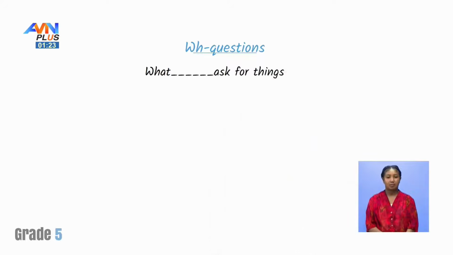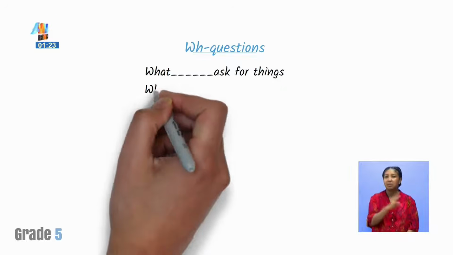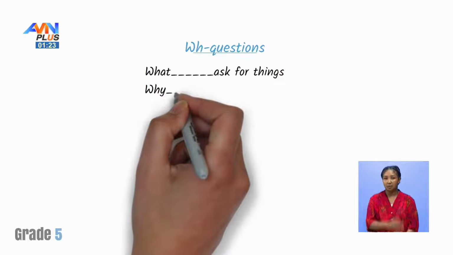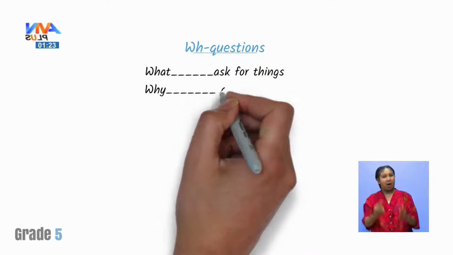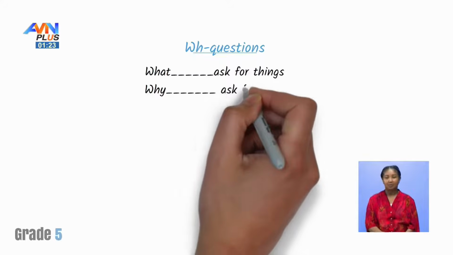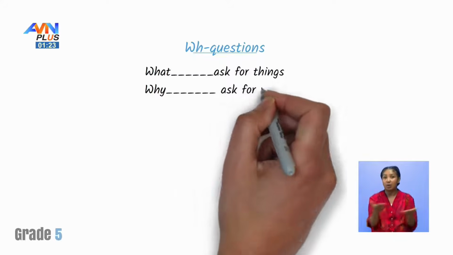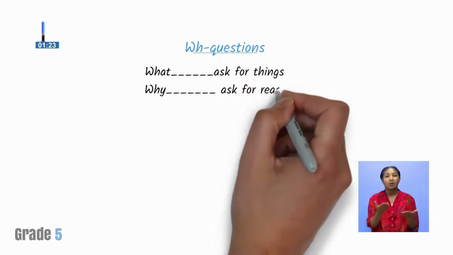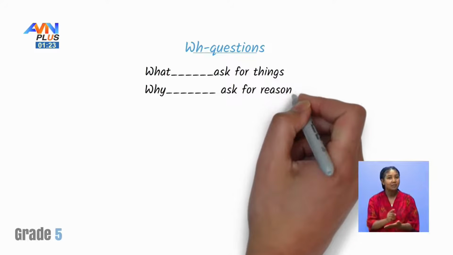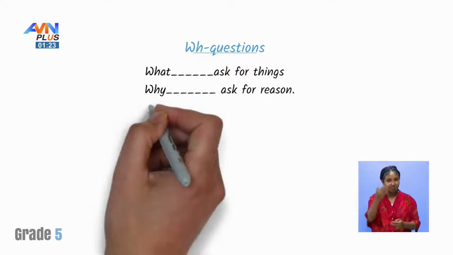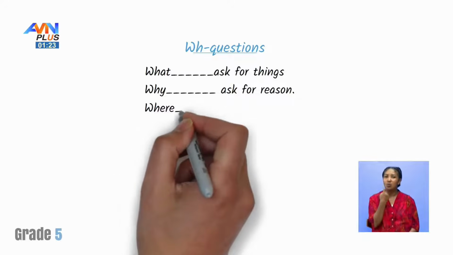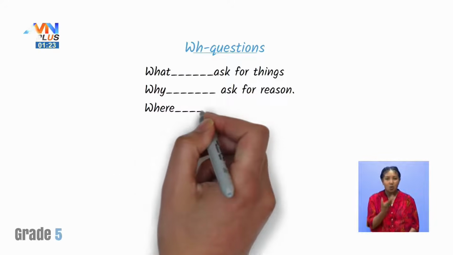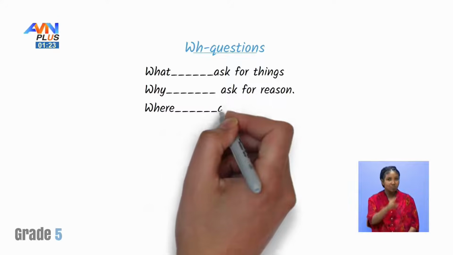What about why? Ask for reason. Why something happened. What about where? Where can be used to ask for place. Who? To ask for person.